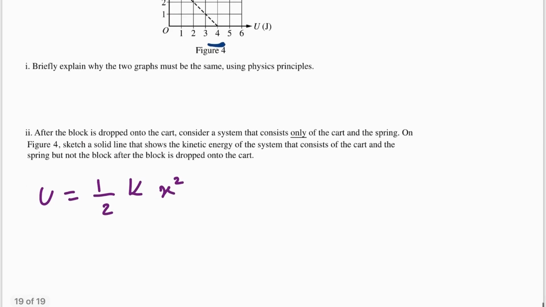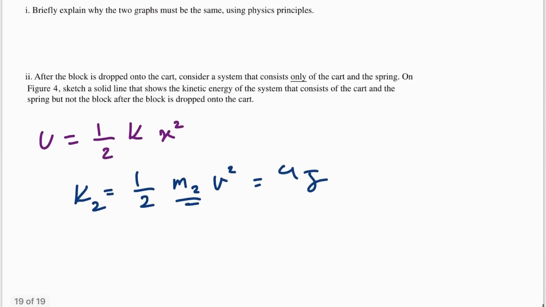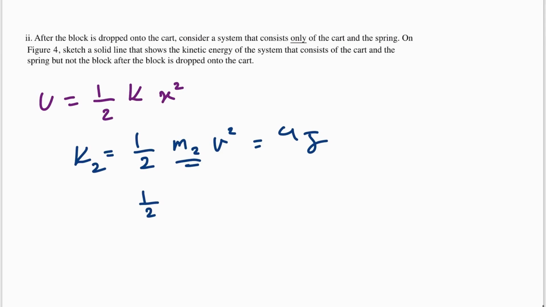So we know that the kinetic energy of the block, cart, and spring system is 1 over 2 m2 v squared, and it is 4 joules. What is m2? It's 1 over 2 times 4m0 v squared equals 4 joules.